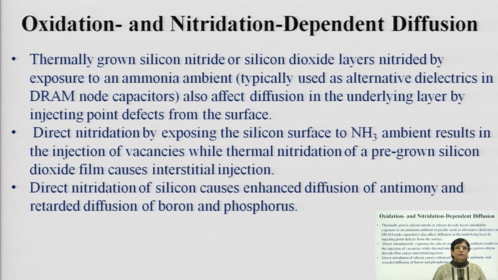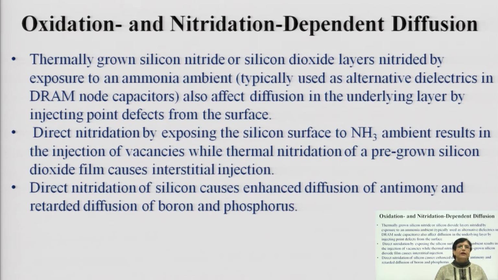Direct nitridation by exposing the silicon surface to a nitric acid ambient results in the injection of vacancies, while thermal nitridation, when you are elevating the temperature, of the pre-grown silicon dioxide film causes interstitial injection. That means there is creation of interstitial defects when you are creating a thermally grown silicon nitride layer at elevated temperature.